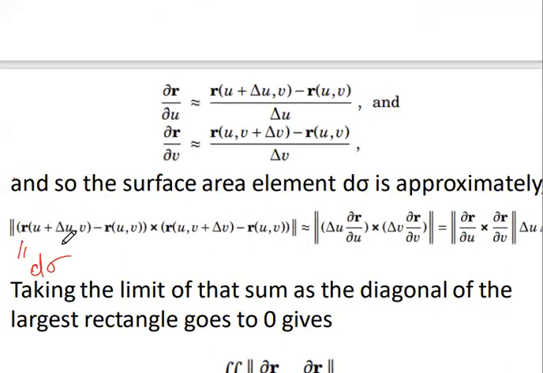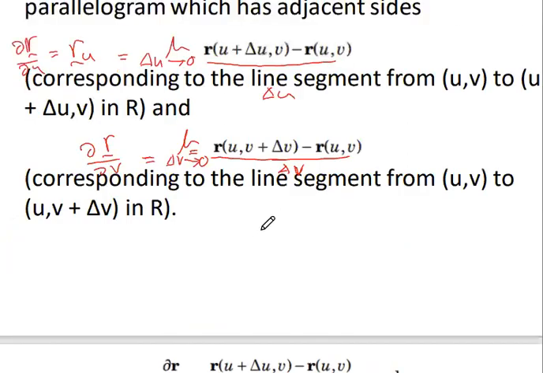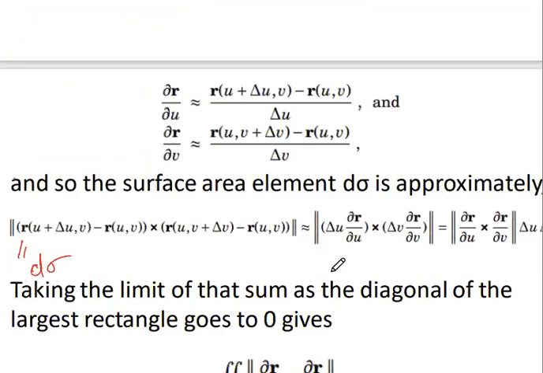So when you take the cross product of these two, this is the area of the parallelogram, right? Let's denote it delta sigma. We know that when you take the limit as delta u and delta v go to zero, you can write this term as partial of r with respect to u, partial of r with respect to v.